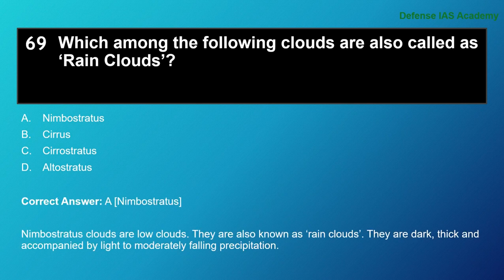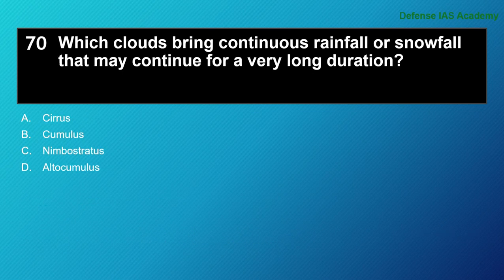Question 69. Which among the following clouds are also called rain clouds? So the answer is option A, nimbostratus. Nimbostratus clouds are low clouds. They are also known as rain clouds. They are dark, thick and accompanied by light to moderately falling precipitation.